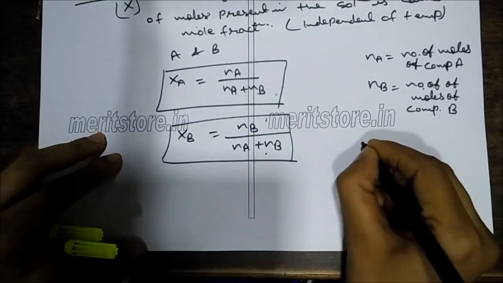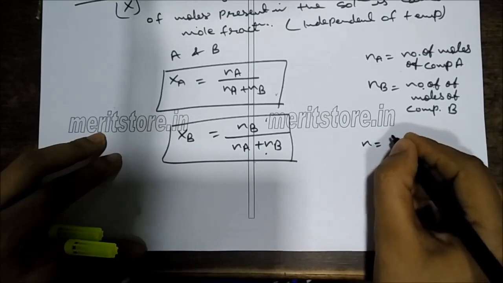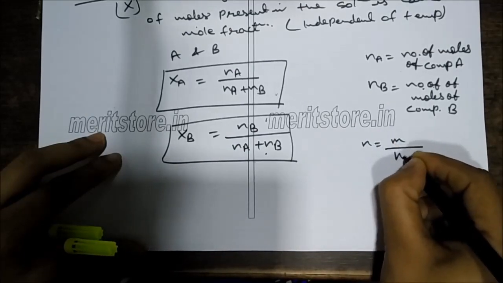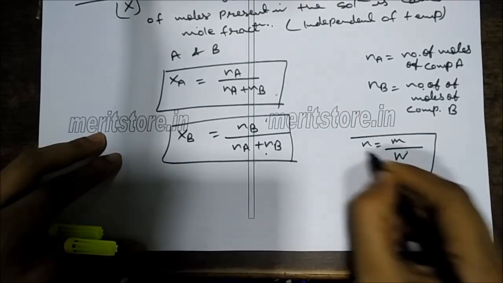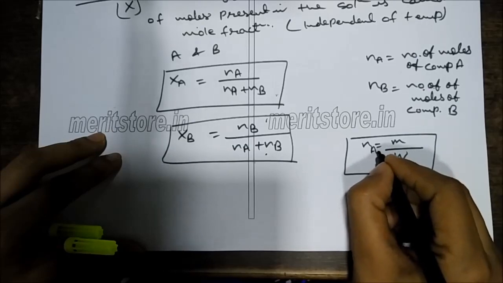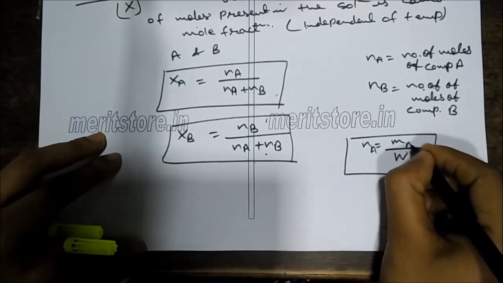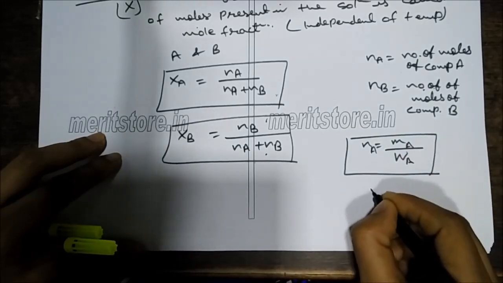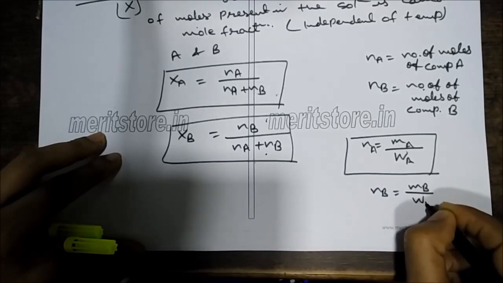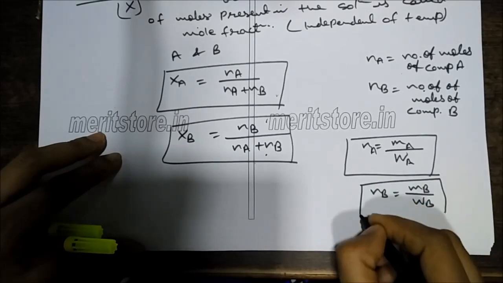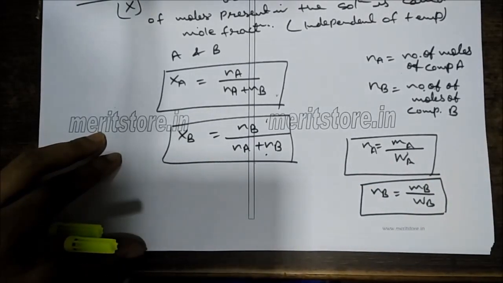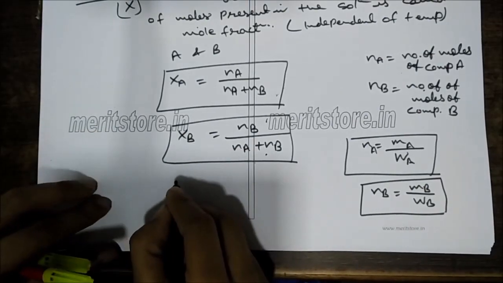As we know, number of moles is equal to mass upon molecular weight of that compound. For A, the number of moles Na is equal to Ma upon Wa, and for B, Nb is equal to Mb upon Wb. So we can put these values here.